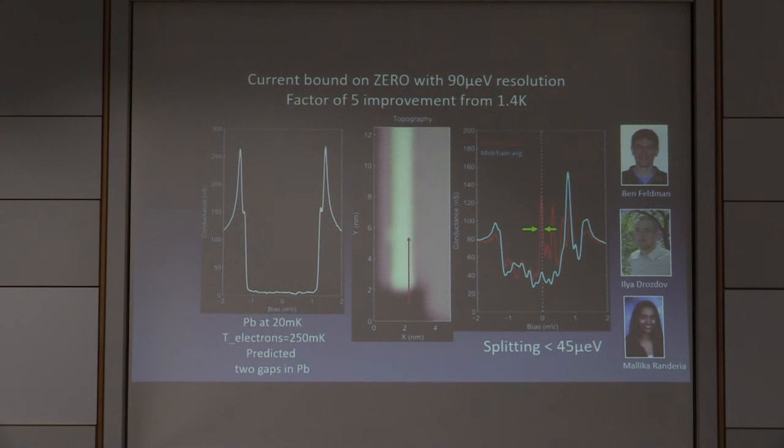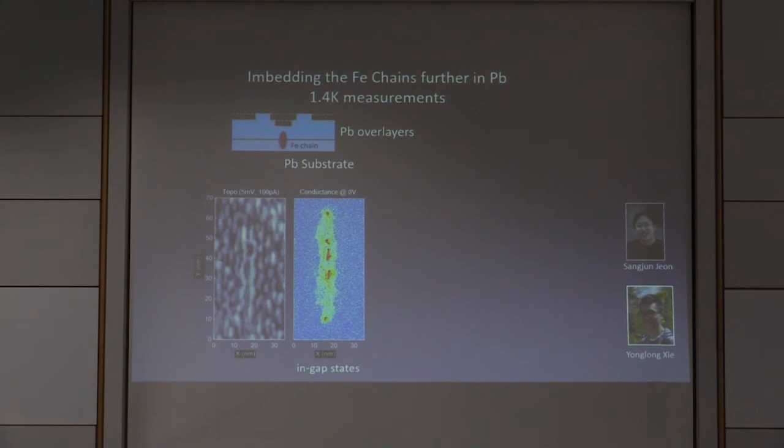But now they are resolving all this structure inside. The worrisome thing here is that this gap never goes to 0, and we didn't know whether it's a temperature thing or something related to the basic properties of these chains. The other thing they are working on is trying to increase the coupling to the superconductor by embedding these chains completely in a superconductor.